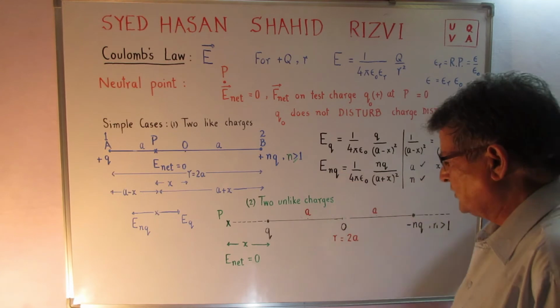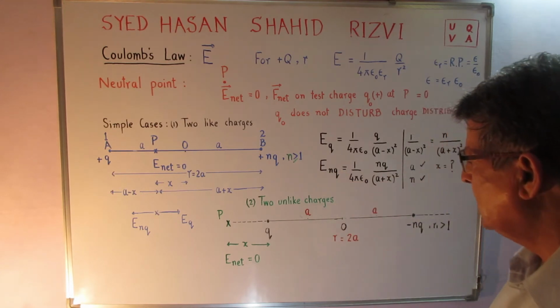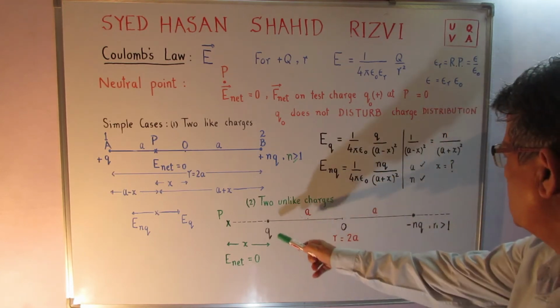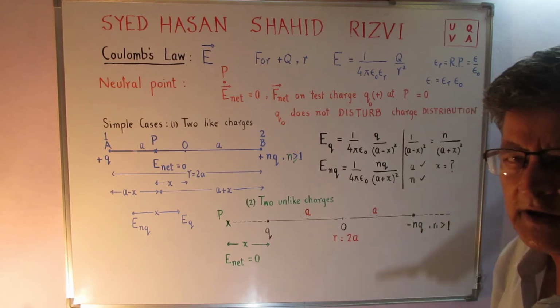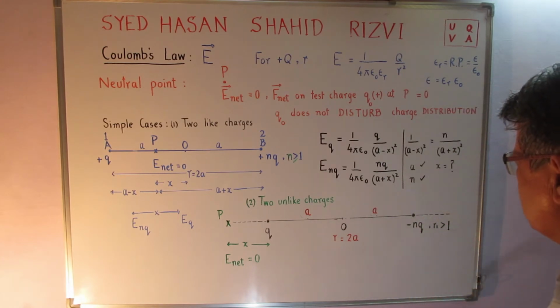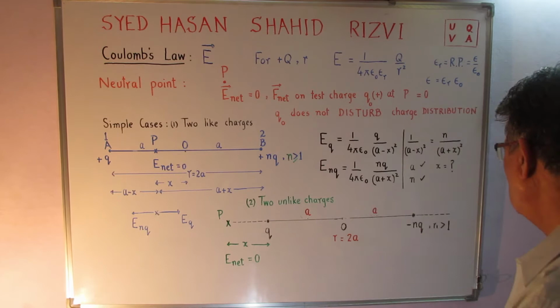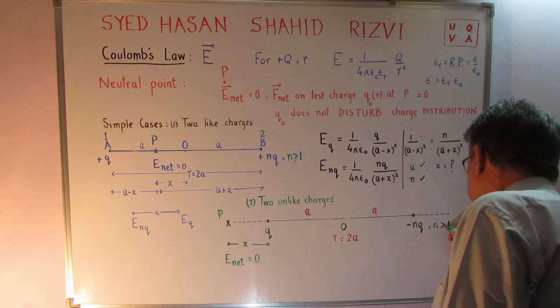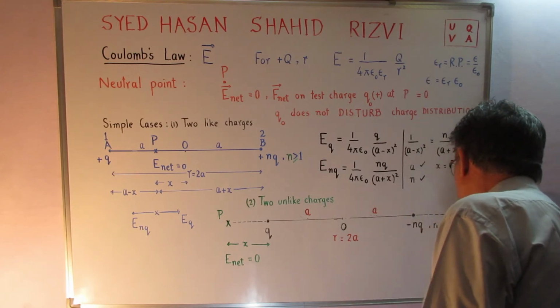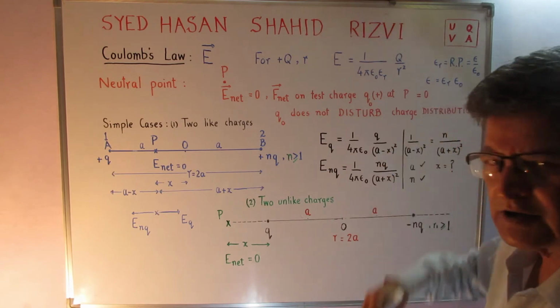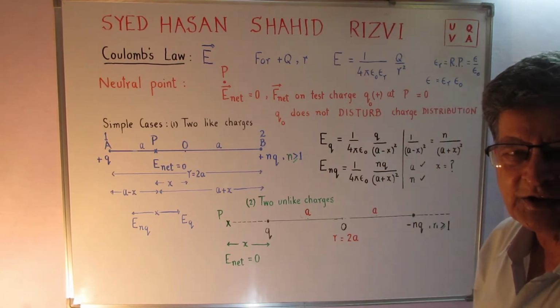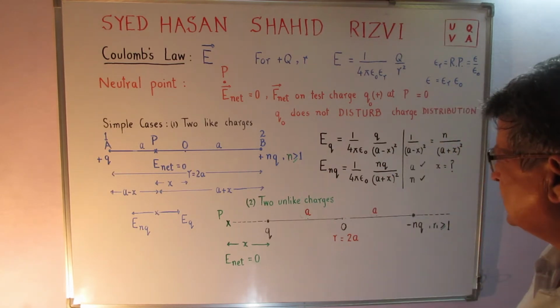Now two unlike charges, Q and minus NQ, but again I am taking N as greater than 0, or even we can take this as equal to 0, no problem. You can take otherwise, even N less than that.